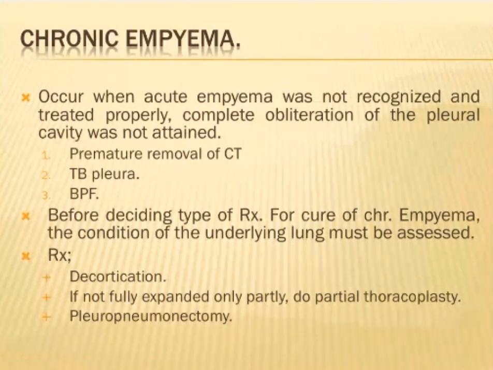But sometimes you do the proper things, but you have some mistake because of a shortage or a deficit in your equipment, like having a small size chest tube. When you put a small size chest tube with thick pus, it may lead to obstruction of the holes of this tube, and you think there is no more drainage and remove the chest tube, but the pus is still inside.